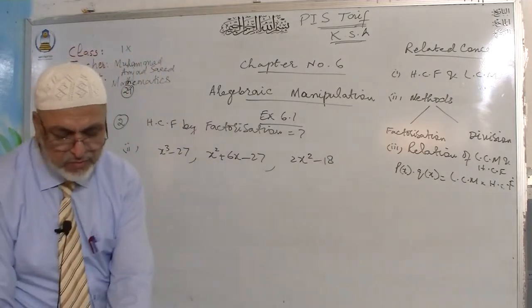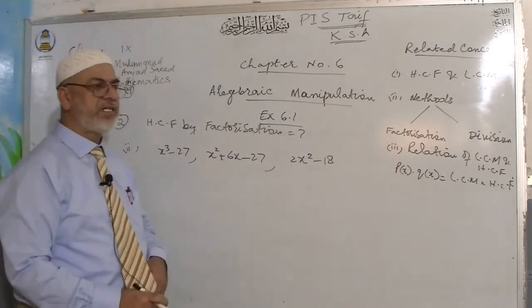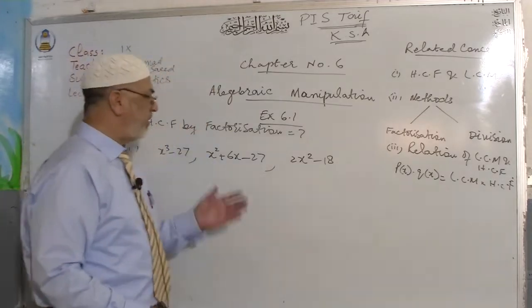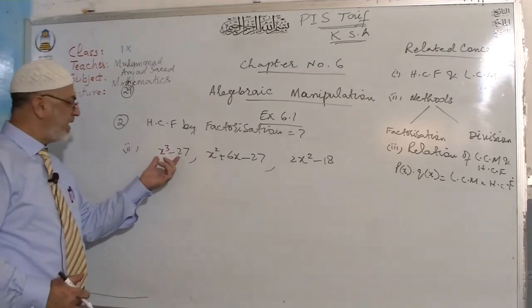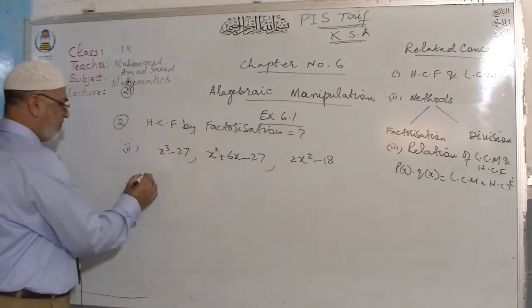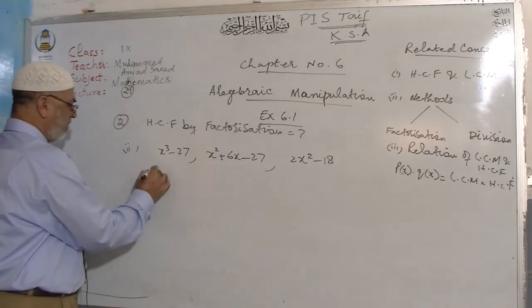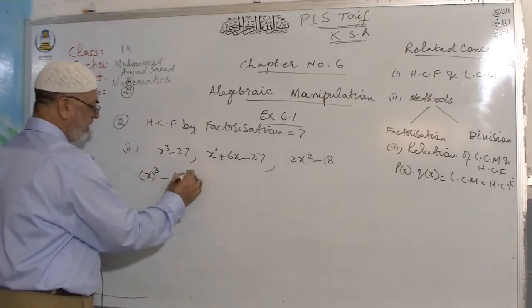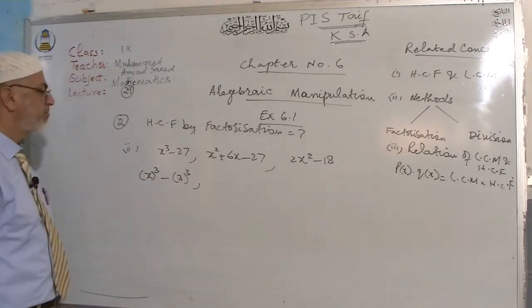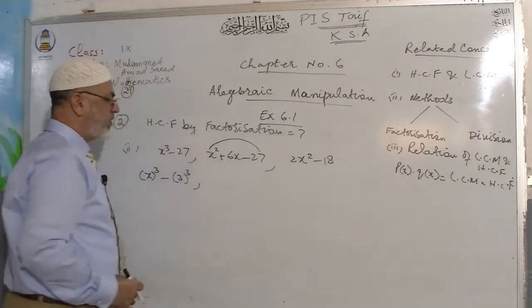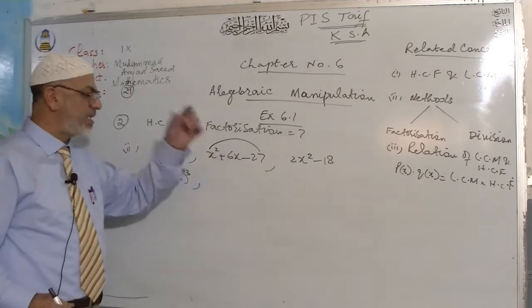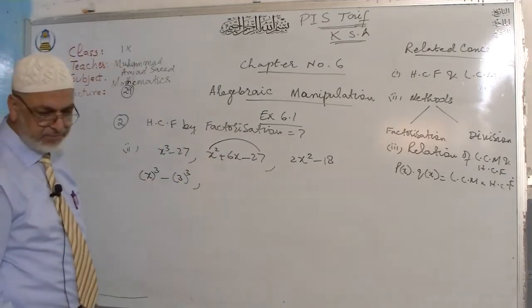Remember that the formulas you have studied in chapter 4 and 5 will be used here. Here, you can write down in the proper shape of the formula, x whole cube minus 3 whole cube. Here you can have multiplication of first and last, just like the previous part.